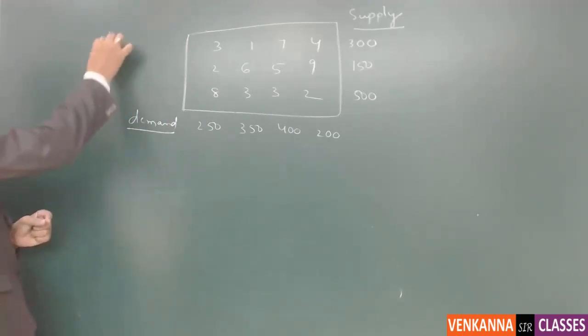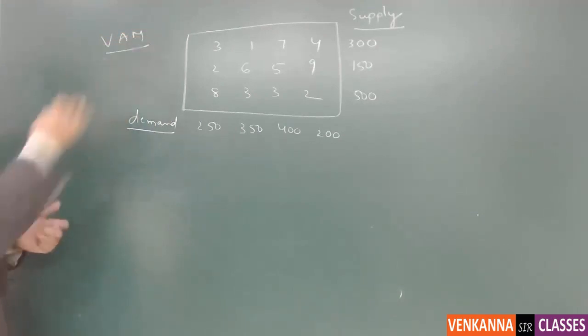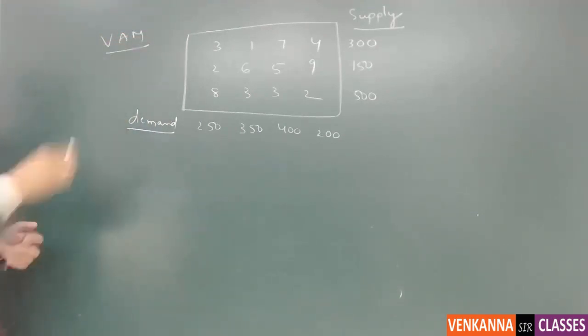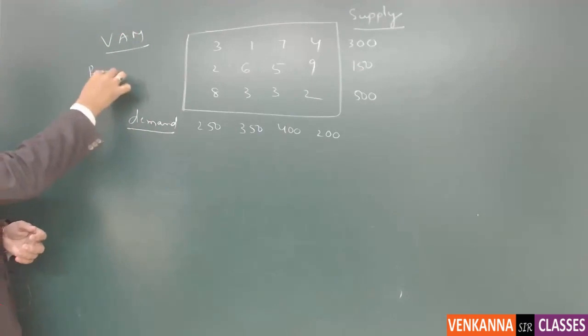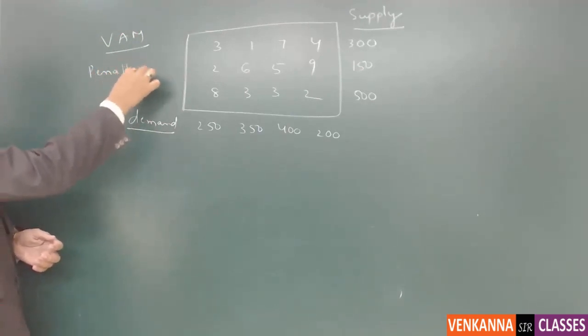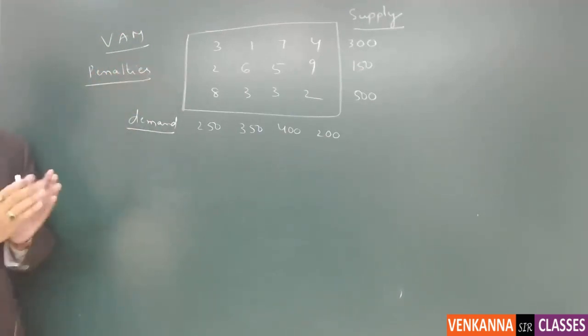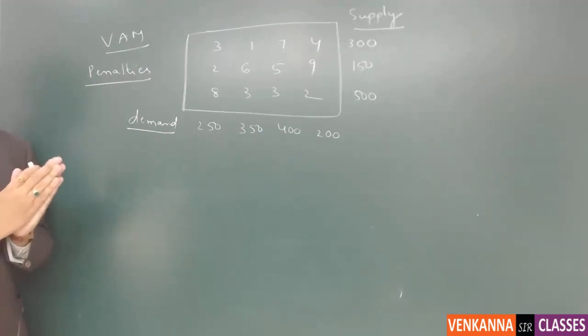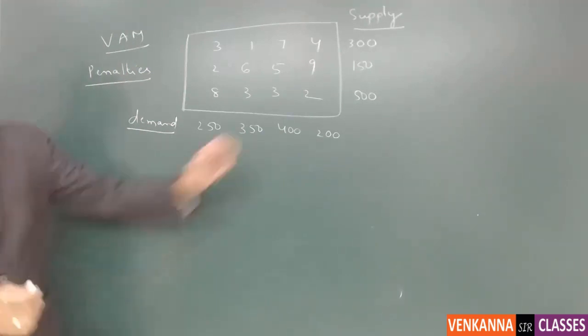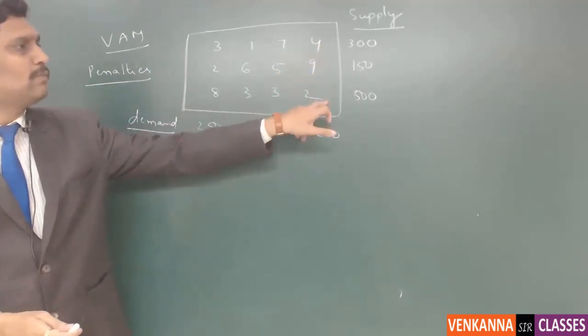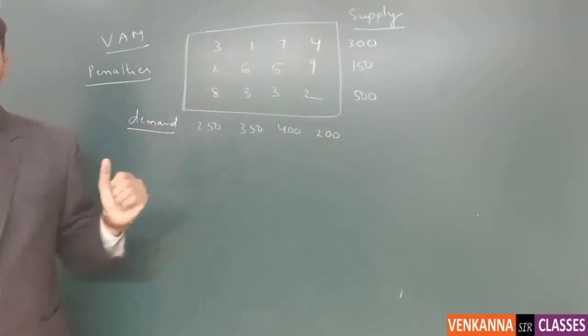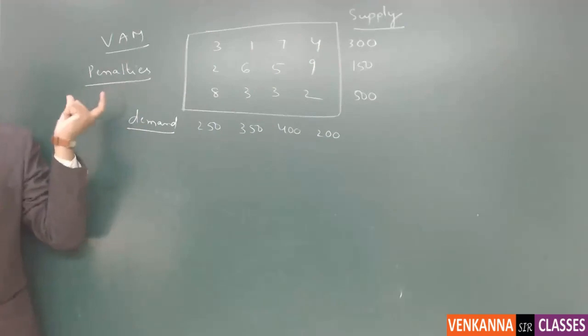Now let us go with the VAM method. We can also call it the method of penalties. The approach is similar to the least cost cell method. At the beginning, for every row and every column, we calculate the penalties.